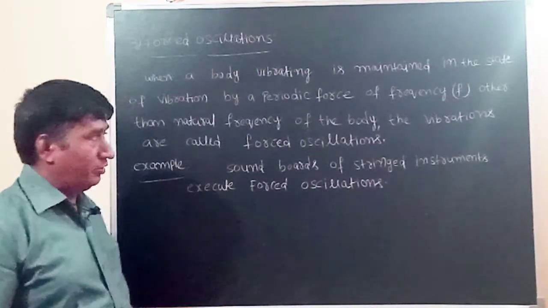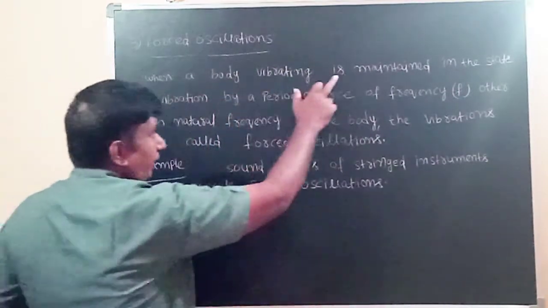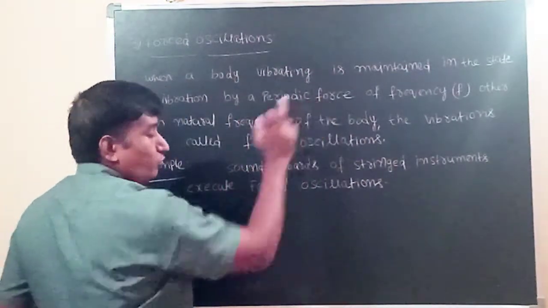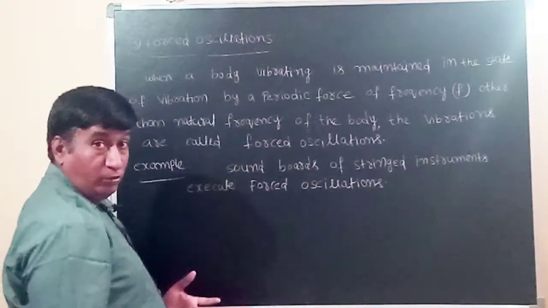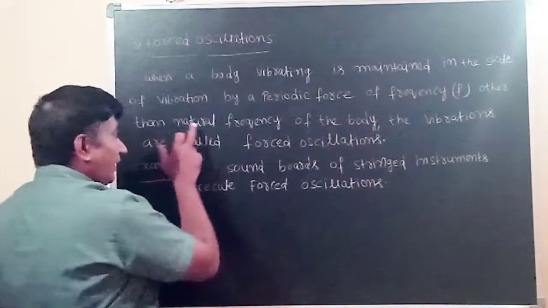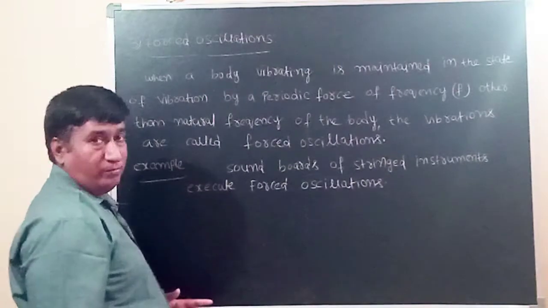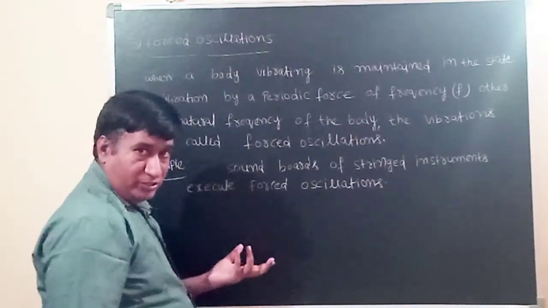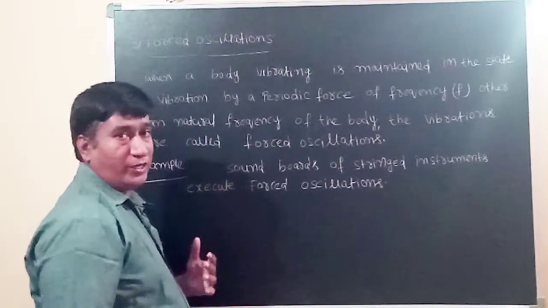So when a vibrating body is maintained in a state of vibration by a periodic force of frequency f other than the natural frequency of the body, the vibrations are called forced oscillations or forced vibrations.